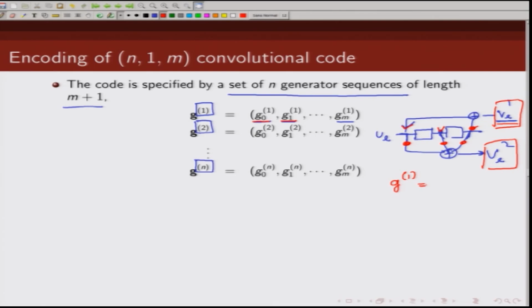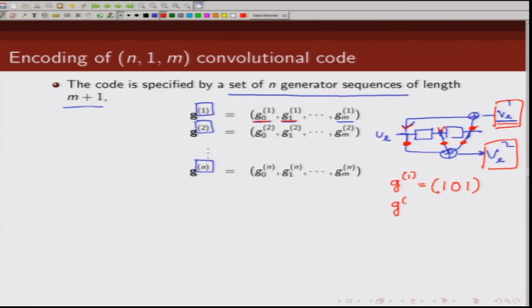Yes, it is. So, g01 will be 1. Is ul minus 1 participating in the output sequence vl1? No. So, this will be 0. What about ul minus 2? It is participating in the output sequence. So, it will be 1. So, g1 is 1 0 1.